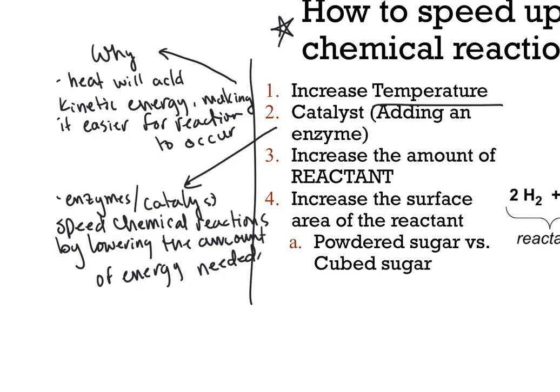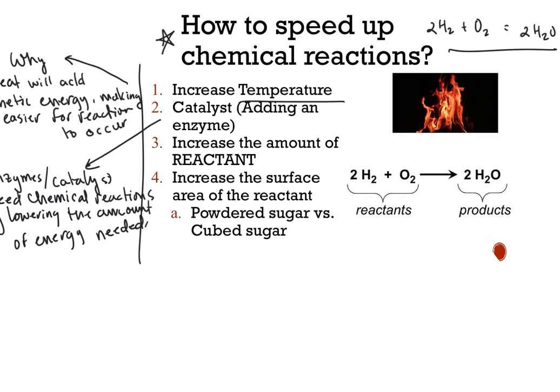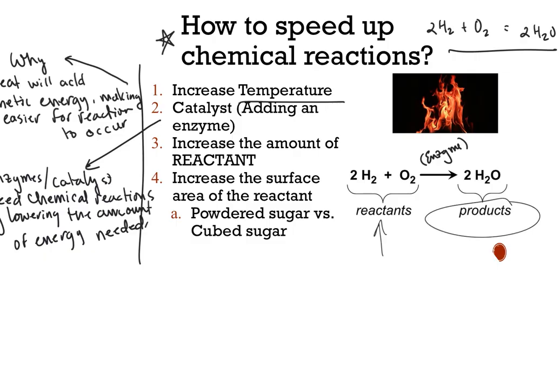And we're going to explain that here in just a moment. Now, we can do two other things as well. We can increase the amount of reactants. So if there's more reactants available, there are more opportunities for this enzyme to bring those reactants together to form our products.